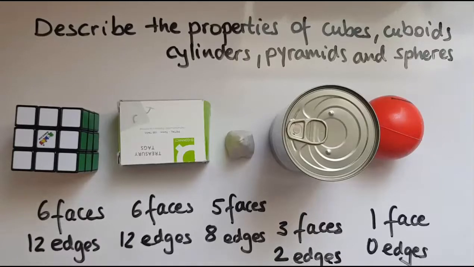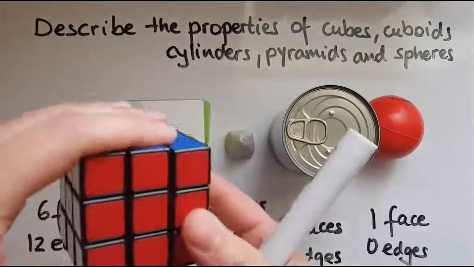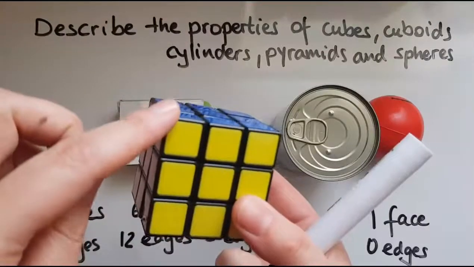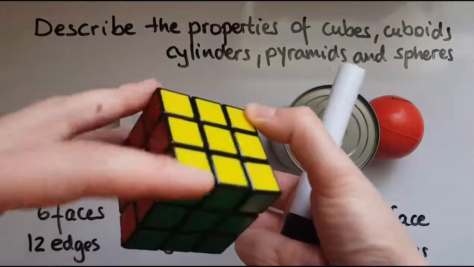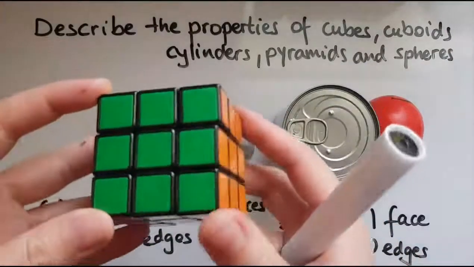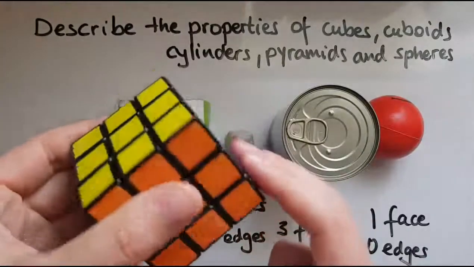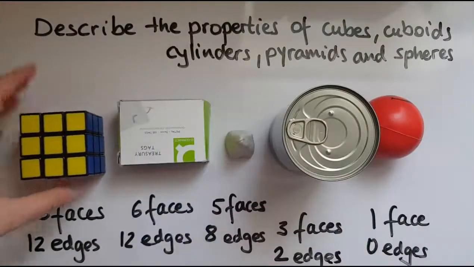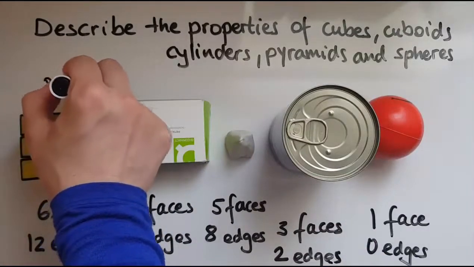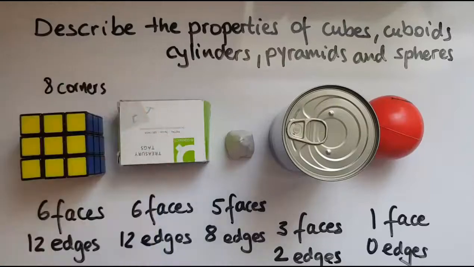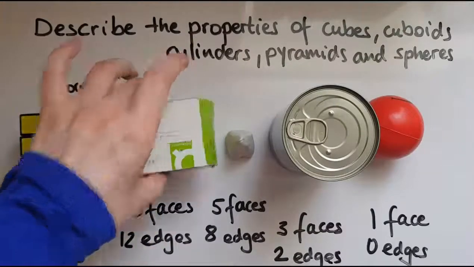And another thing that you might come across is the corners or the vertices. Corners, there is a corner formed there, 2, 3, 4, 5, 6, 7, 8. So there are 8 in a cube. How about a cuboid?